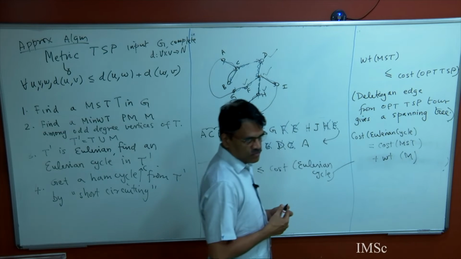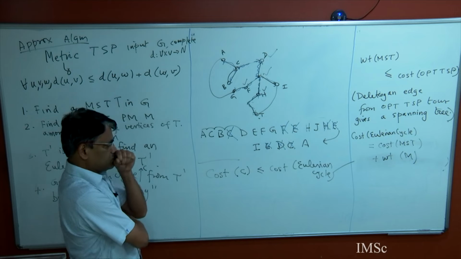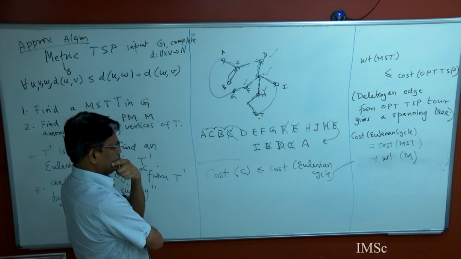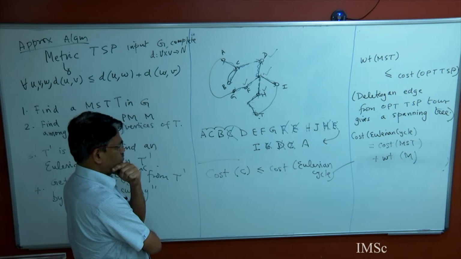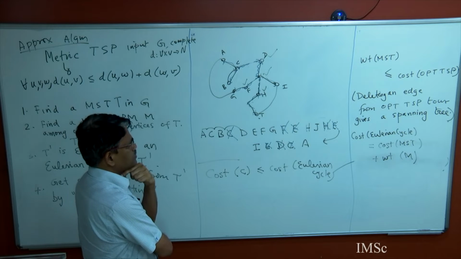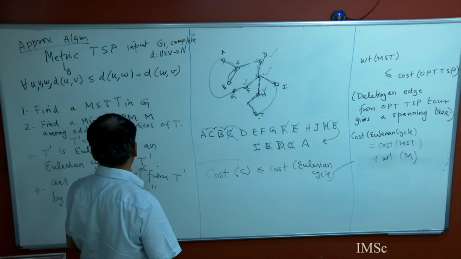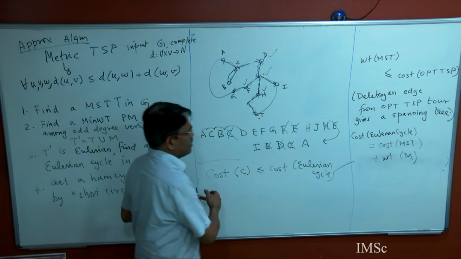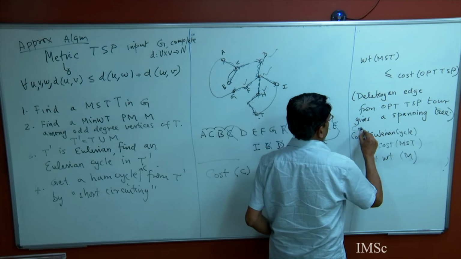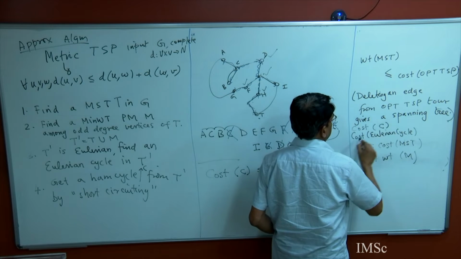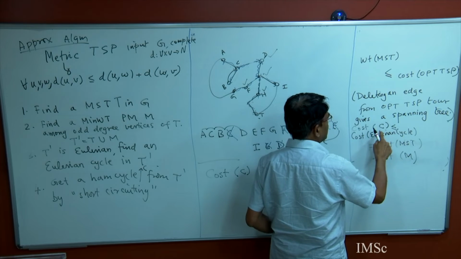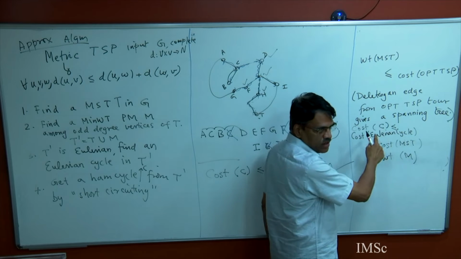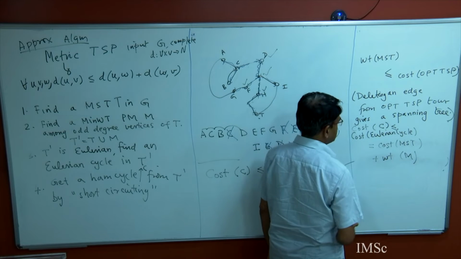That is what it is. Okay. So, the claim is, and cost of the final, this is less than or equal to cost of the final Hamiltonian cycle. Because of the triangle inequality, I am doing short circuiting. This is less than or equal to this, this plus this.